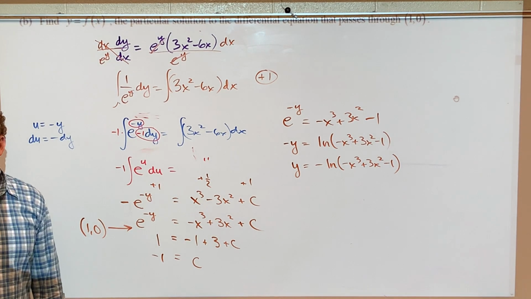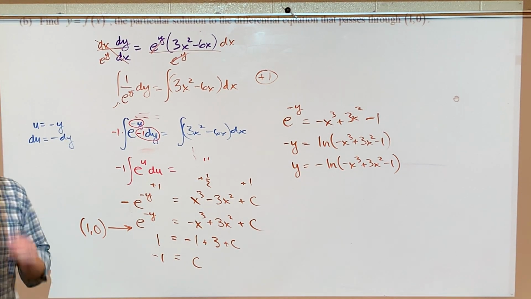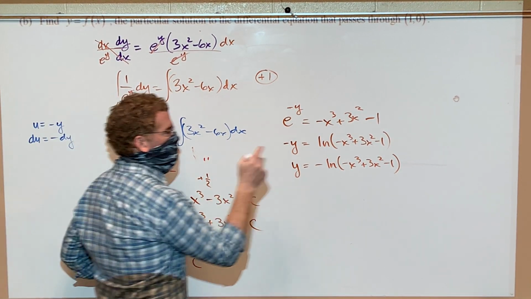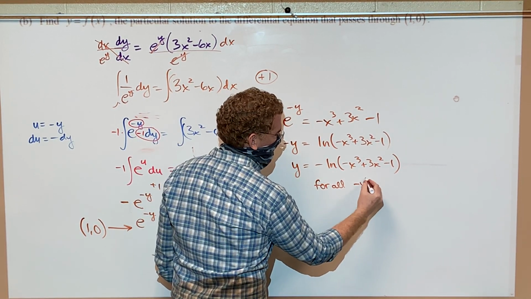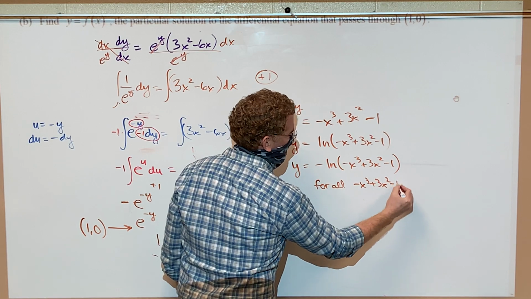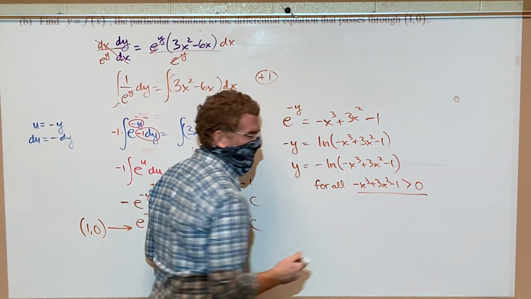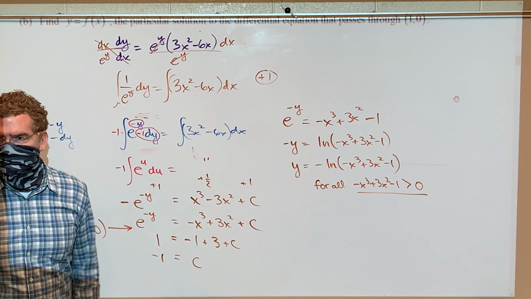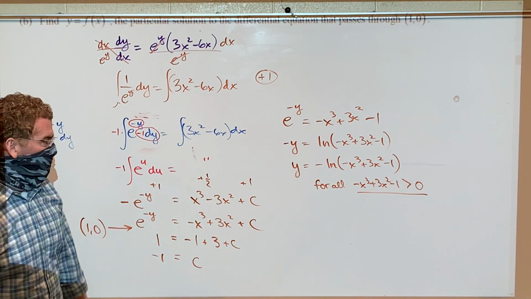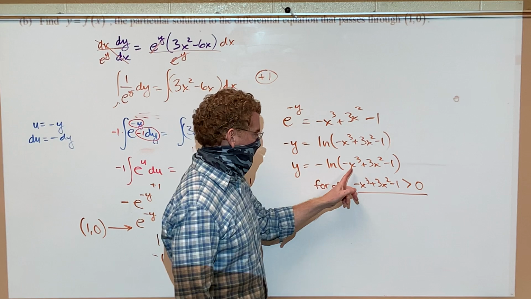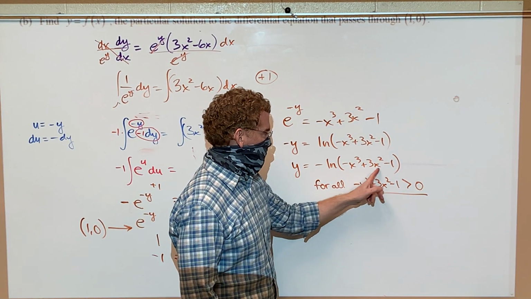Now I will say this, there was a notation on the key that said this is true for all negative x cubed plus 3x squared minus 1 greater than 0. Do you know why they said that? Because there might be some x's out there. Like for instance, if I plug a 1 in there, I get negative 1 plus 3 minus 1.